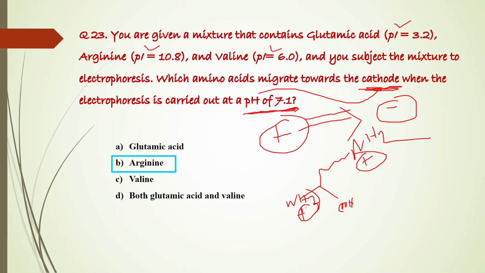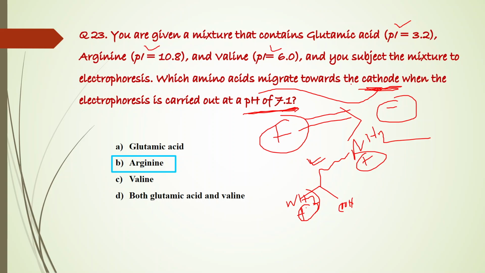As this overall molecule is now positively charged, it will try to migrate towards the cathode. In case of glutamic acid, it will not happen because glutamic acid's pI is 3.2. At pH 7.1, the extra COOH group is already at COO minus, so it is still negatively charged and will not move towards the cathode.